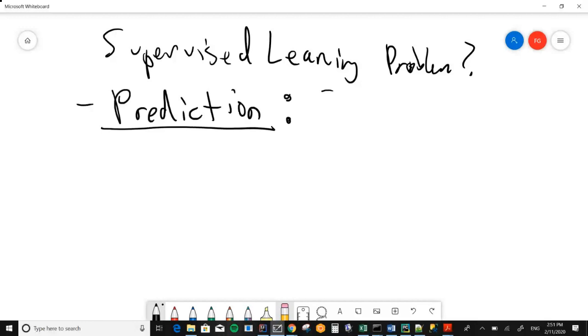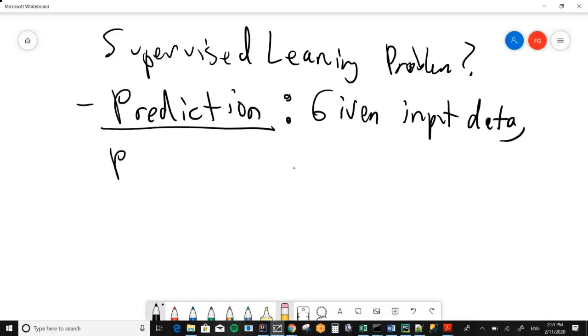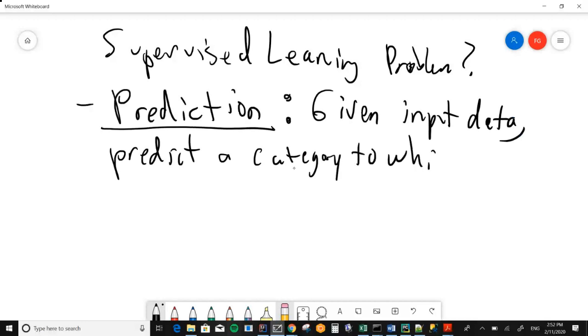That is, given input data, we want to predict a category to which it belongs. So that's a pretty abstract idea. Let me make it a little more specific.